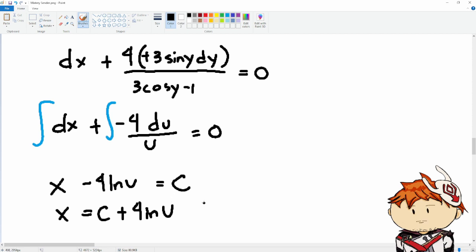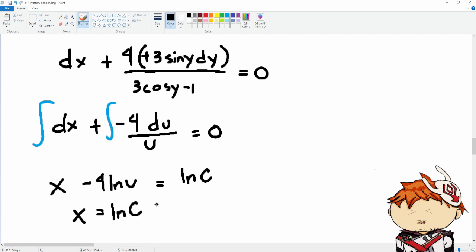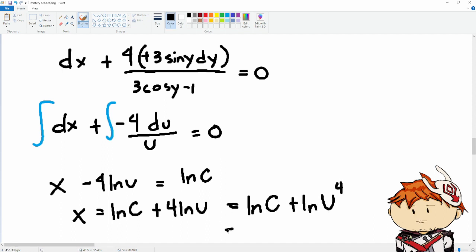Okay, how about let's do this. I'm going to make c ln c. So x is equal to ln c plus 4 ln u, which is equal to ln c plus ln u to the fourth, which is equal to ln of c u to the fourth.